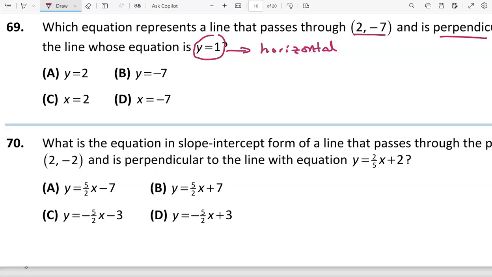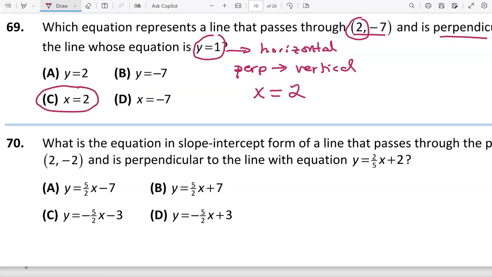And so that means that a perpendicular line would be a vertical line, and all vertical lines have equations in the form x equals. The x-coordinate of the point that it goes through is 2, so the equation must be x is equal to 2.